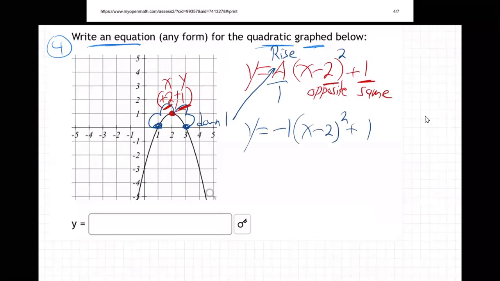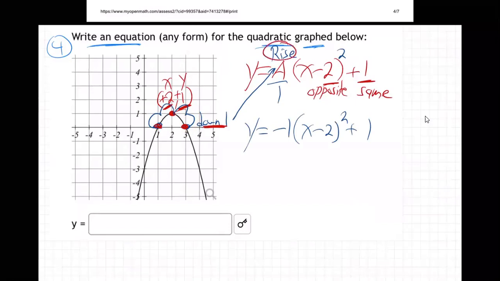Did you all see that? The rise is -1. Either way, you can go from this point over 1, down 1, or the other way, over 1, down 1. To get to the next point, it's down 1. Either way, right 1, down 1, or left 1, down 1, whatever. It's down 1.